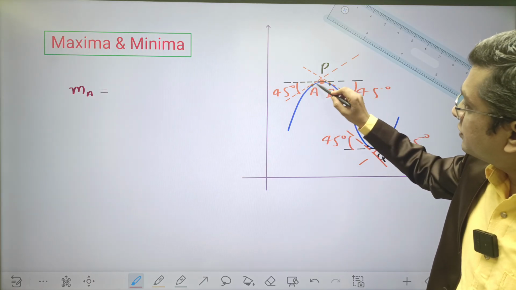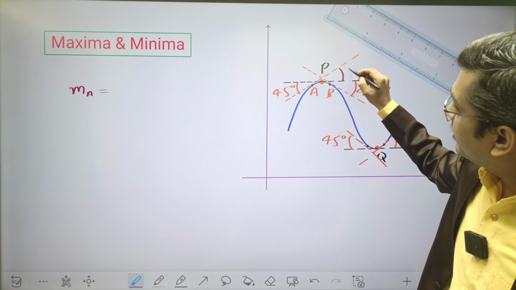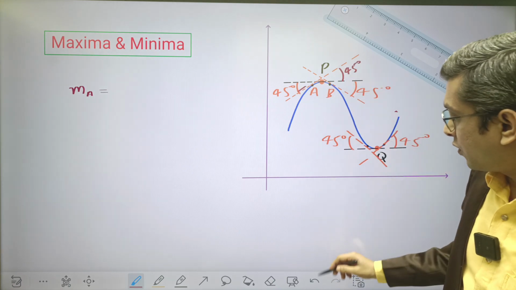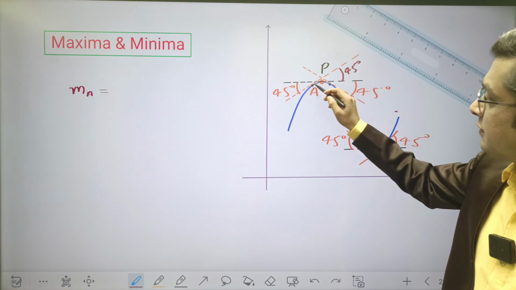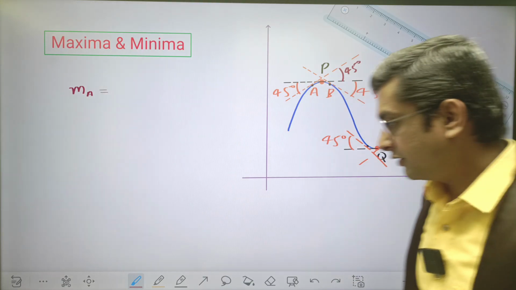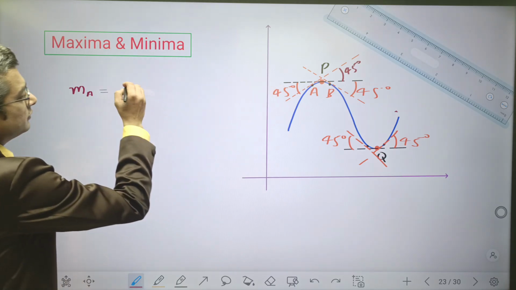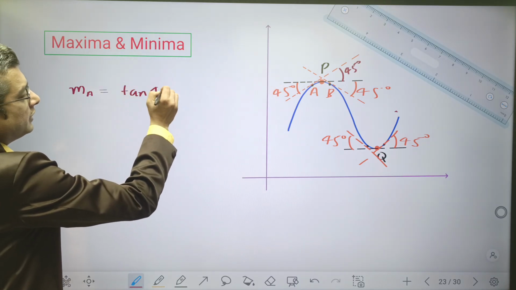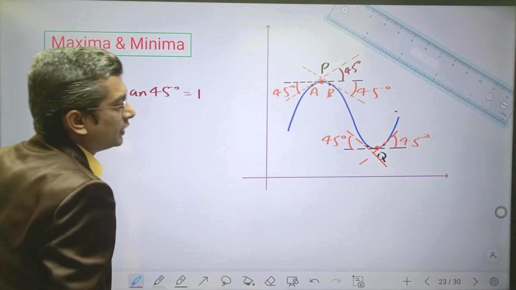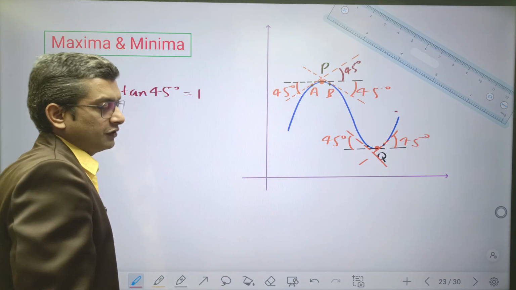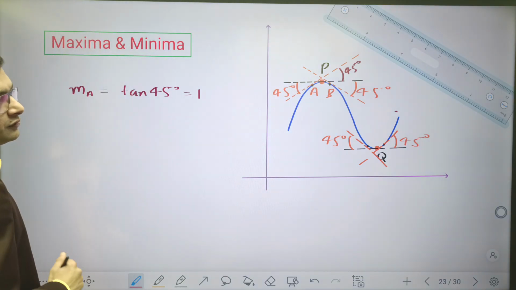So this inclination of this line from the line parallel to the x-axis is 45 degrees. So slope at A is tan 45, because the angle is 45 degrees, which is equal to 1. This angle is taken in the anti-clockwise direction. So the slope is equal to 1.